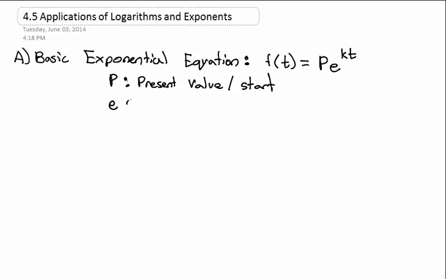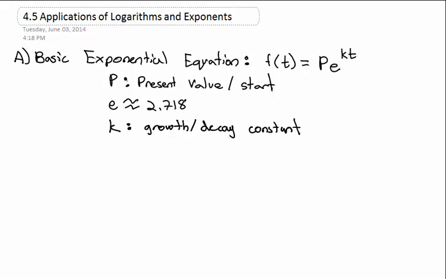The e, we've already seen that as Euler's constant, is approximately equal to 2.718, and that's that e natural base for our natural log that we've talked about before. k is the growth or decay constant. And finally, t, the variable we're usually most interested in working with, is the amount of time that's going by.